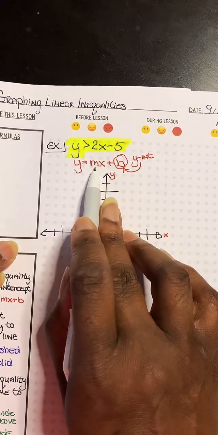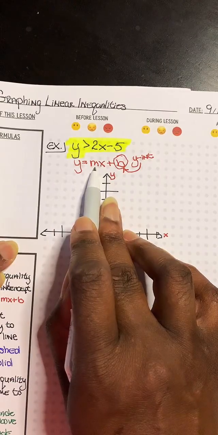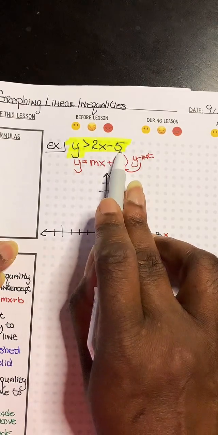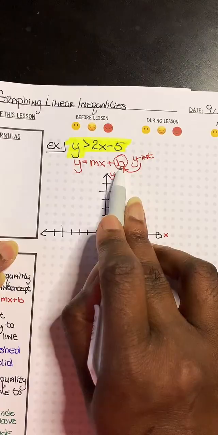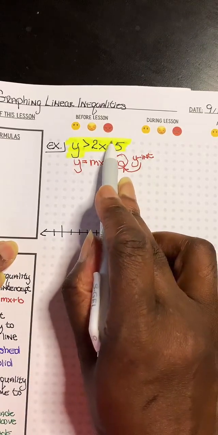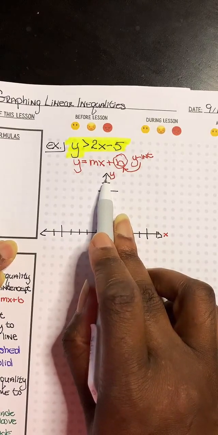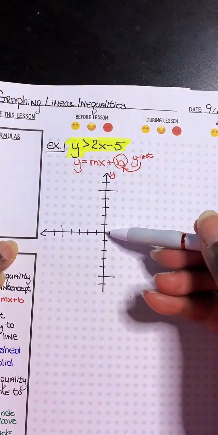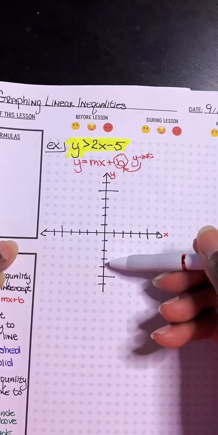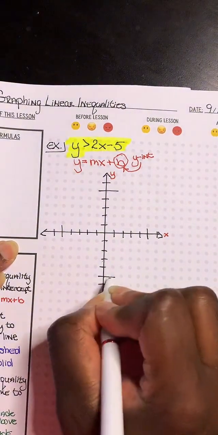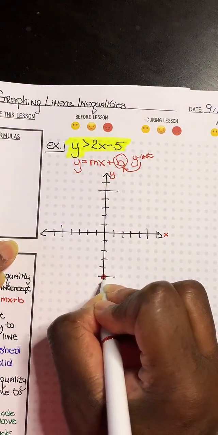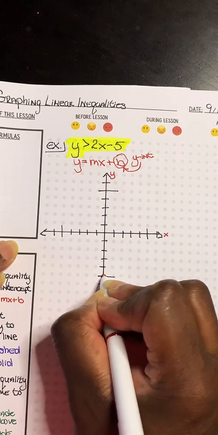The 2 is in line with your m. Your 2 is your slope, whereas your y-intercept is going to be this -5. So on the y-axis, I'm going to go down. Here's my 0. 1, 2, 3, 4, 5. Here is 0, -5. So that's where you put your first point.